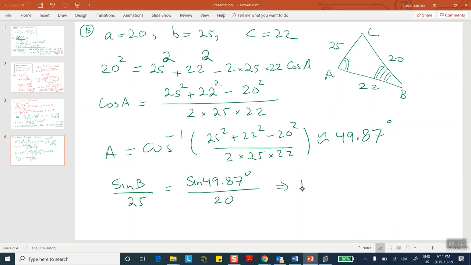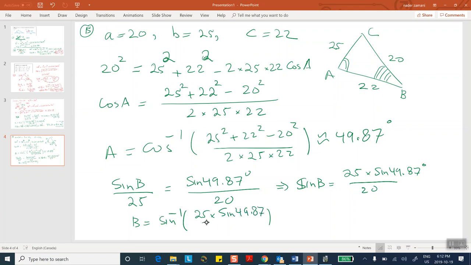That means sine of B is equal to 25 times sine of 49.87 divided by 20, and B is equal to sine inverse of 25 times sine of 49.87 divided by 20. So let's go up there.